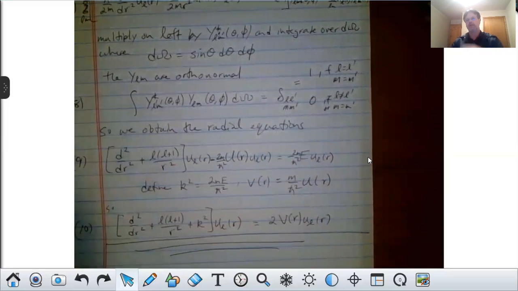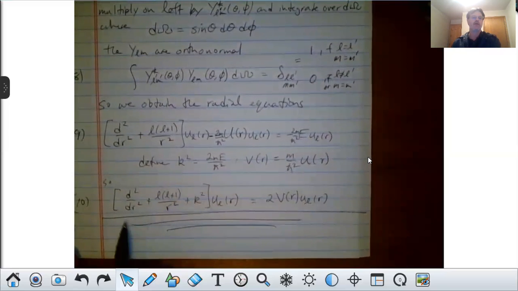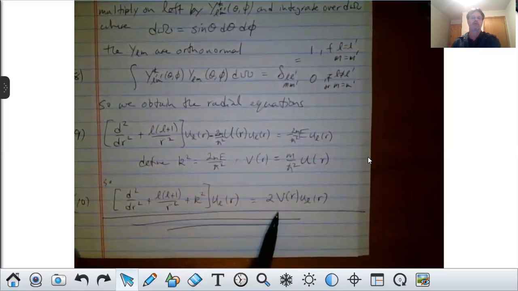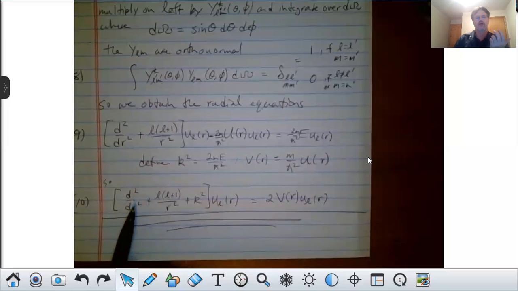But ultimately, if I work through all this, I get my radial set of equations. So these are the equations we're actually going to solve. They're just a single, one-dimensional ordinary differential equation that we will end up solving numerically.